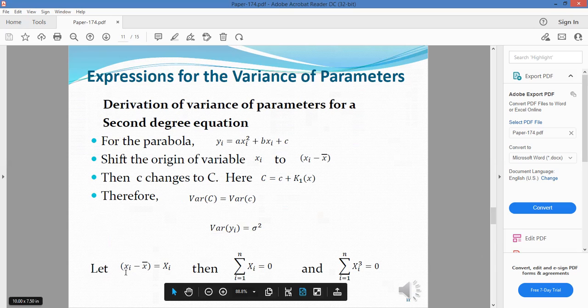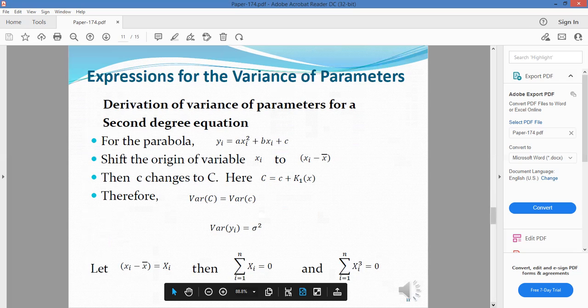Let us substitute xi minus x bar as capital Xi, so that summation capital Xi will be 0. By the property of the mean, the sum of the deviations taken about the mean is 0. Here also the sum of the cubes of the deviations taken about the mean is 0.